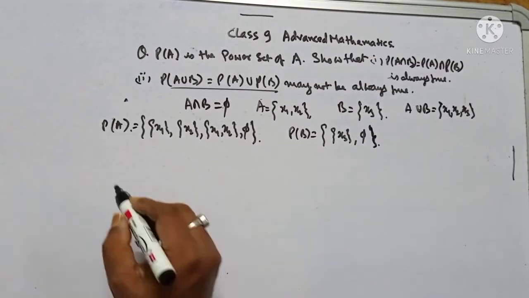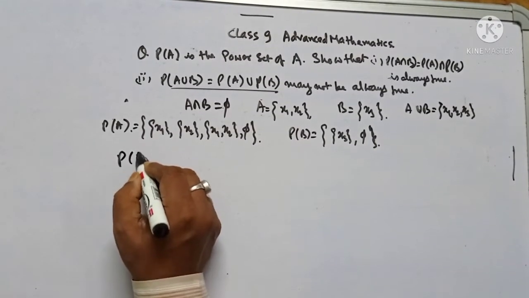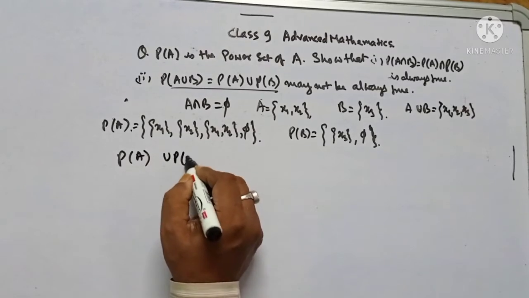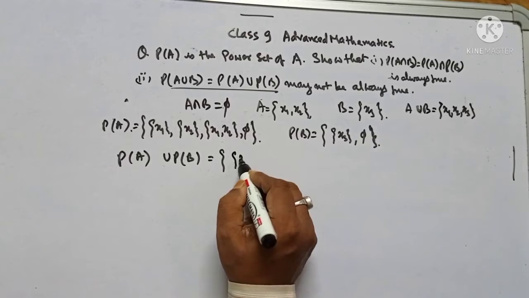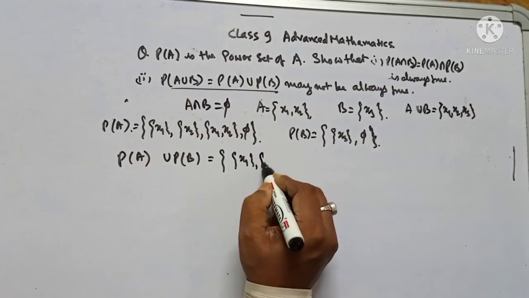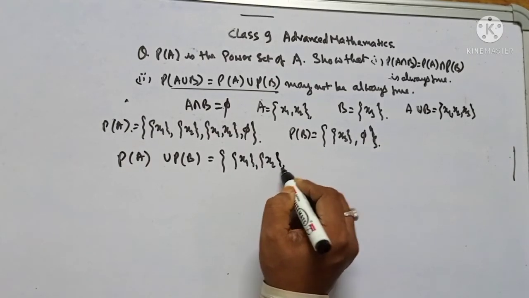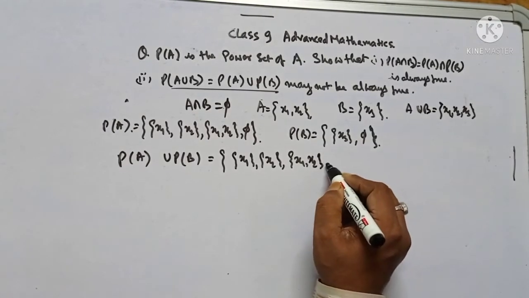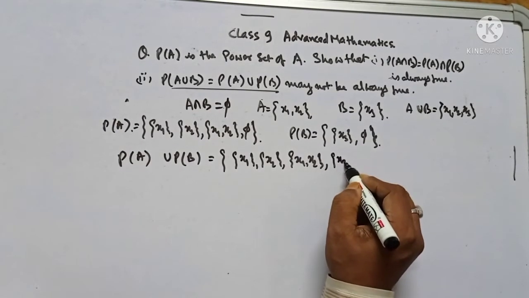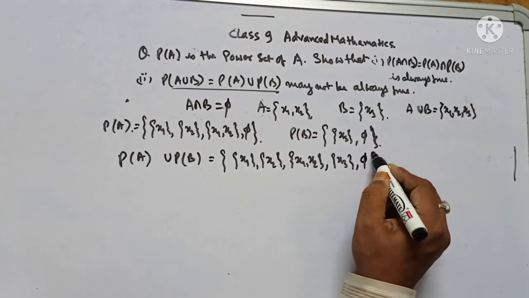So now when I take P(A) ∪ P(B), what I get, that is {x1}, {x2}, {x1, x2}, {x3} and your phi.